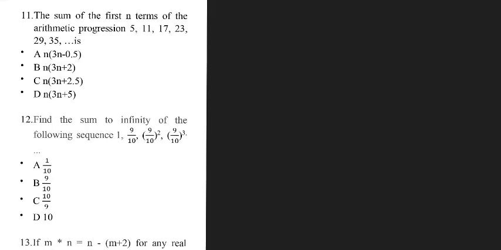The formula is S, the sum of n terms, is equal to n over 2 into, open curly bracket, 2a plus, into n minus 1 d, then close bracket, where our a, as we know, is the first term, then n is the number of terms, and our d is the common difference.